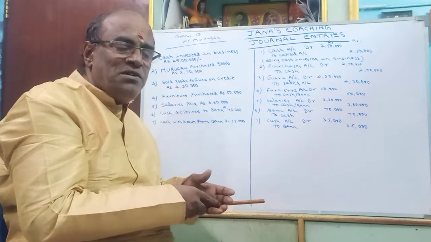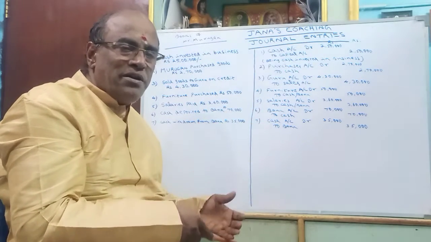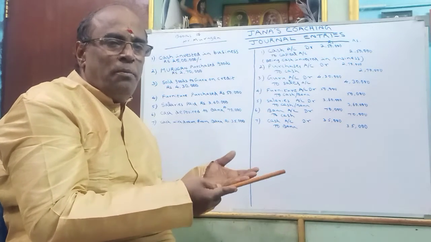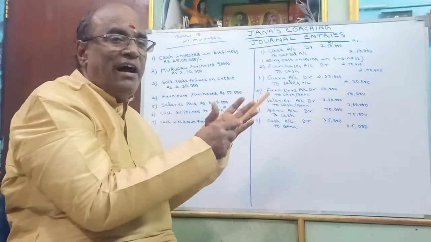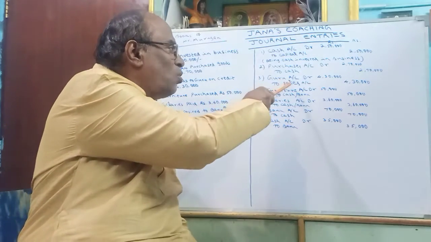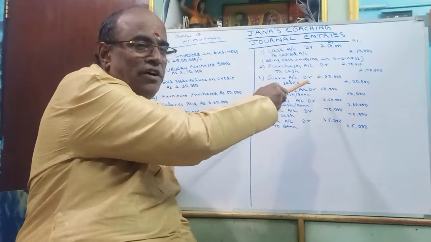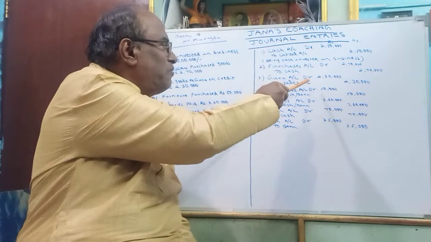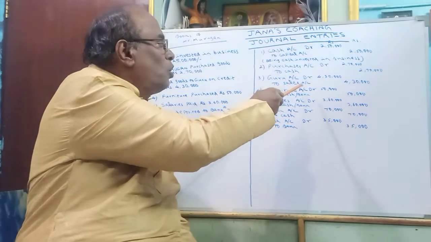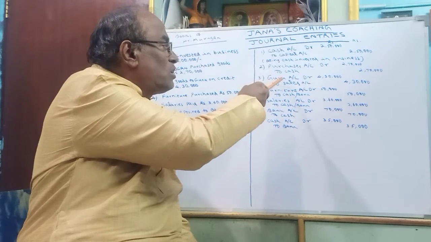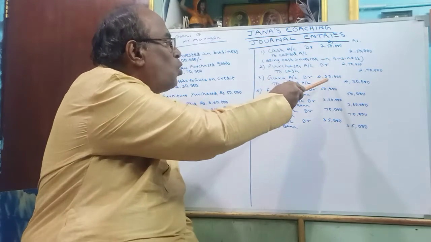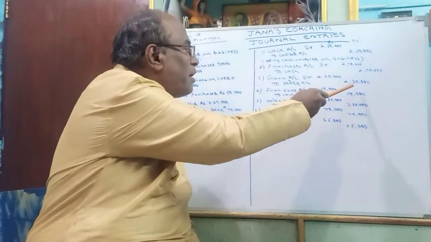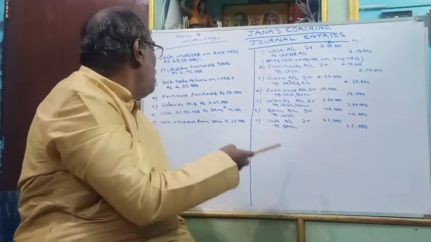Credit basis means Mr. Guru will pay the amount for the goods after 2 months or 3 months or 6 months according to their agreement. Guru's account debtor, debit the receiver. This is the personal account. Debit the receiver, credit what goes out. So Guru's account debtor rupees 4,30,000 to sales account rupees 4,30,000.